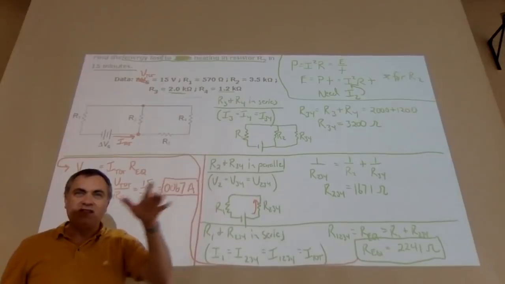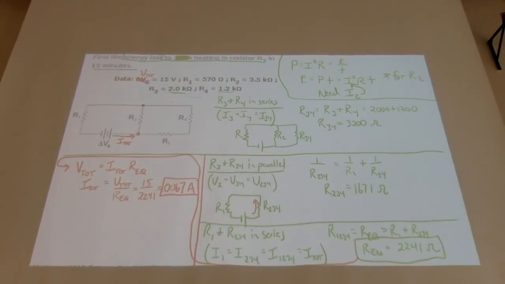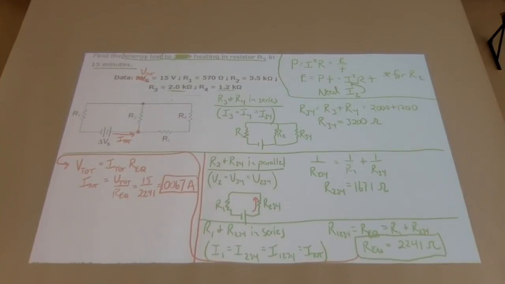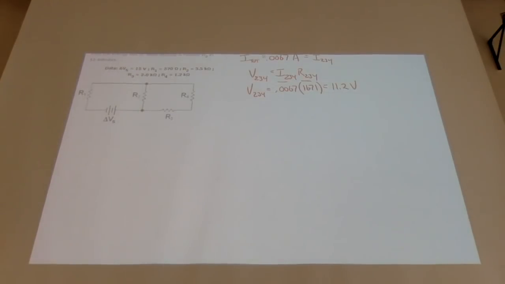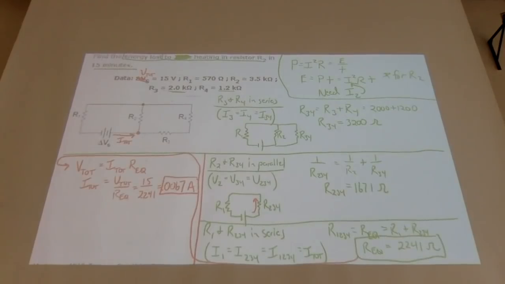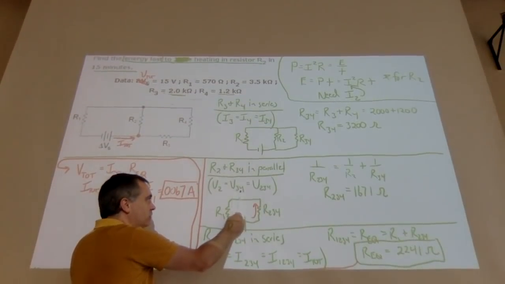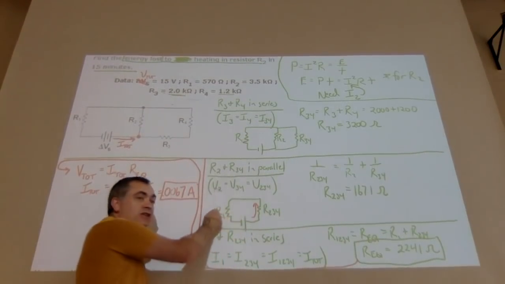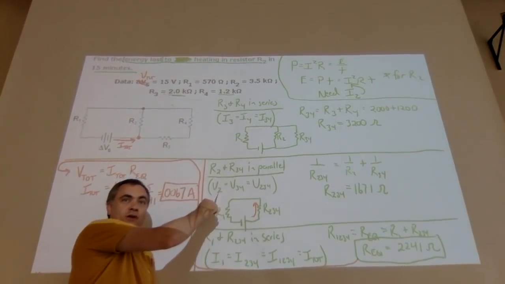Okay? All of these little parts of the circuit, you should be able to come at it from different directions and all the numbers sort of add up and make sense no matter which part of the circuit you look at. So what do we know that V234 is also equal to? Let's go back to this. Notice V234 is the same as V34 is the same as V2. Now we've got something that's just about the resistor that I'm worried about.